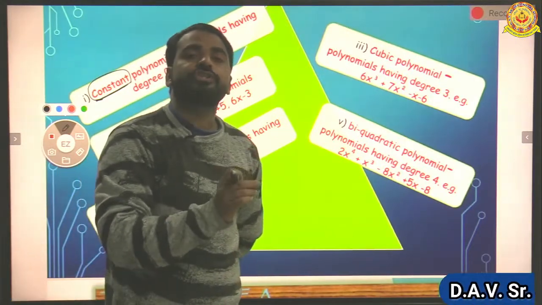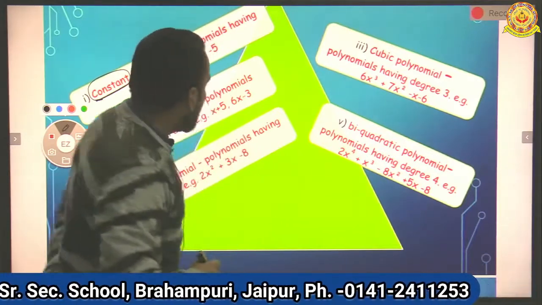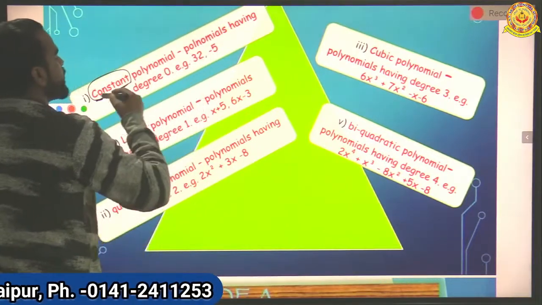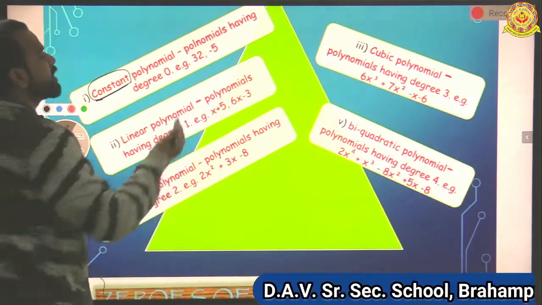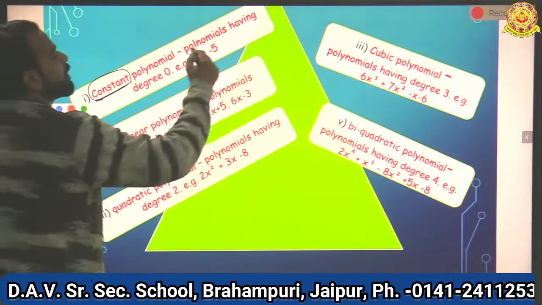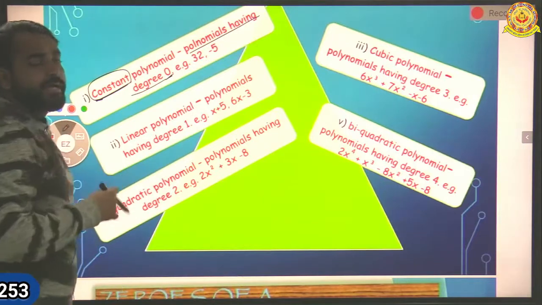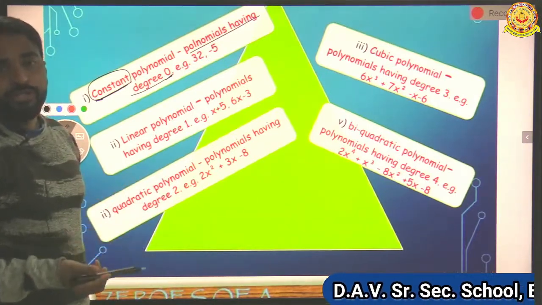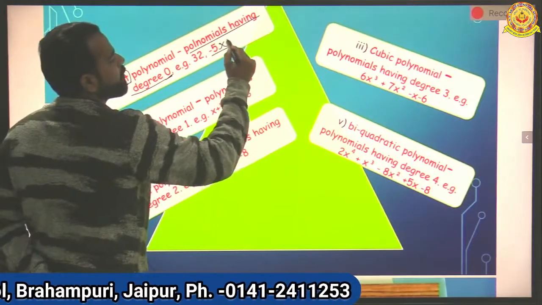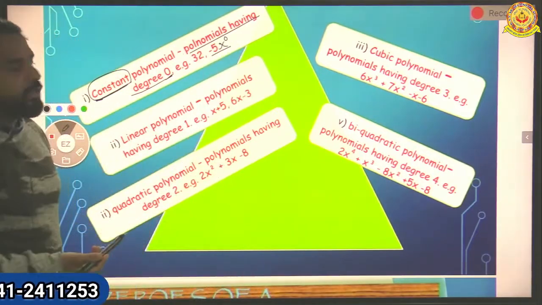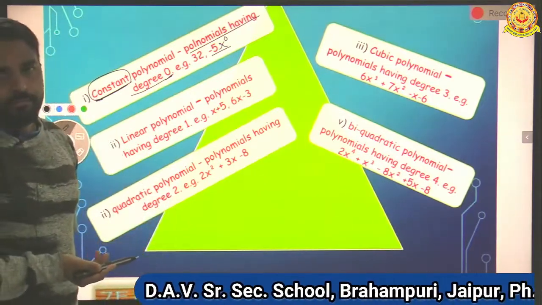So a constant number doesn't have any variable. All those constant numbers which have only a numerical value, with no variables, we call constant polynomials. A polynomial having degree 0 means it is not having the x variable, so we can write it as minus 5x raised to power 0, right? So we can call it a constant polynomial or a degree 0 polynomial as well.